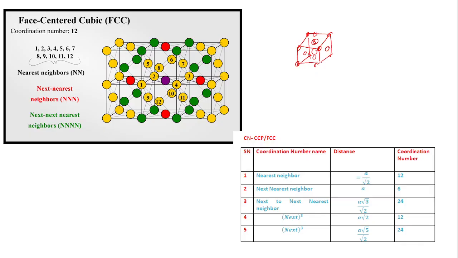And in this situation, maybe we can revise this thing next time also. But when we have an FCC unit cell, then the nearest neighbors are 12 in number. This is one face, and if you see, these 12 atoms are all nearest to it.